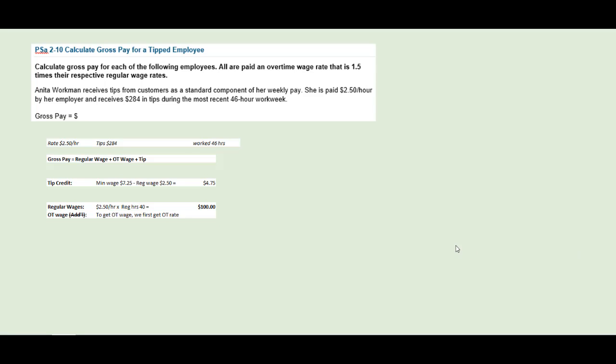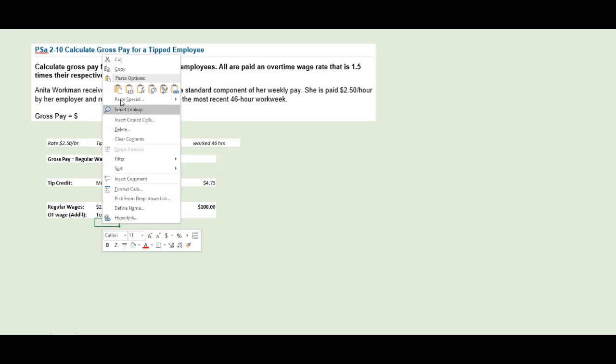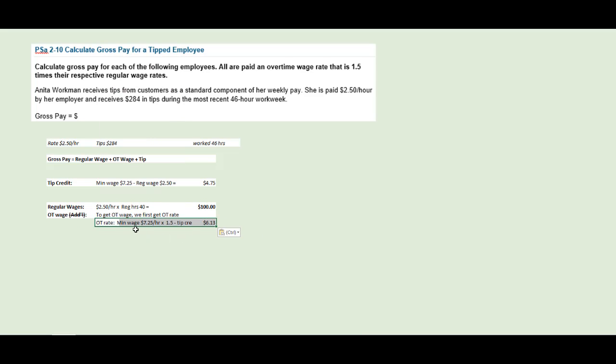To get the overtime rate, it's the minimum wage of $7.25 per hour times 1.5, and then minus the tip credit of $4.75.